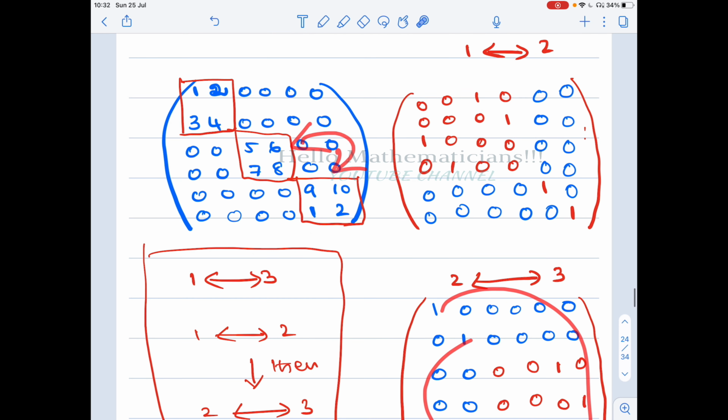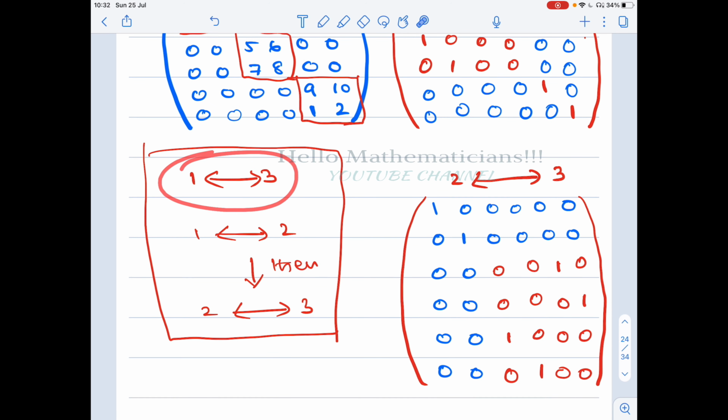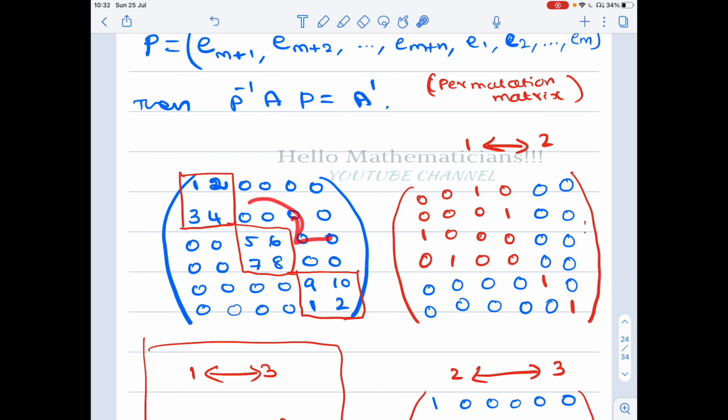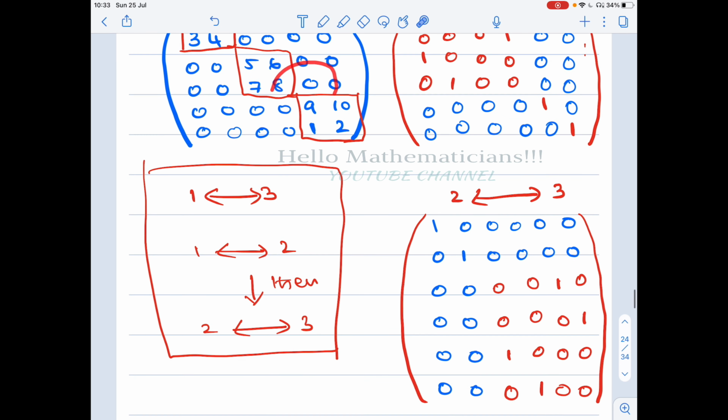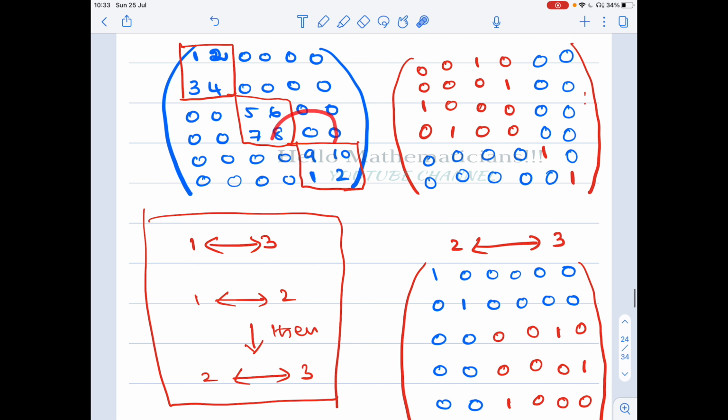Now, if I want to interchange these two blocks, first and third, what will I do? If I want to interchange 1 and 3, first I will interchange 1 and 2, then the first will come here, 2 will go there. Then again I can interchange 2 and 3. So basically, take a very large block matrix.